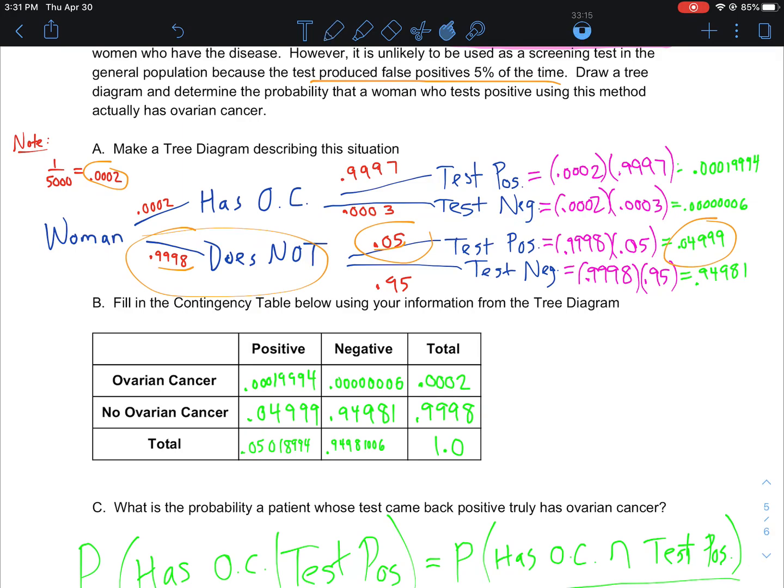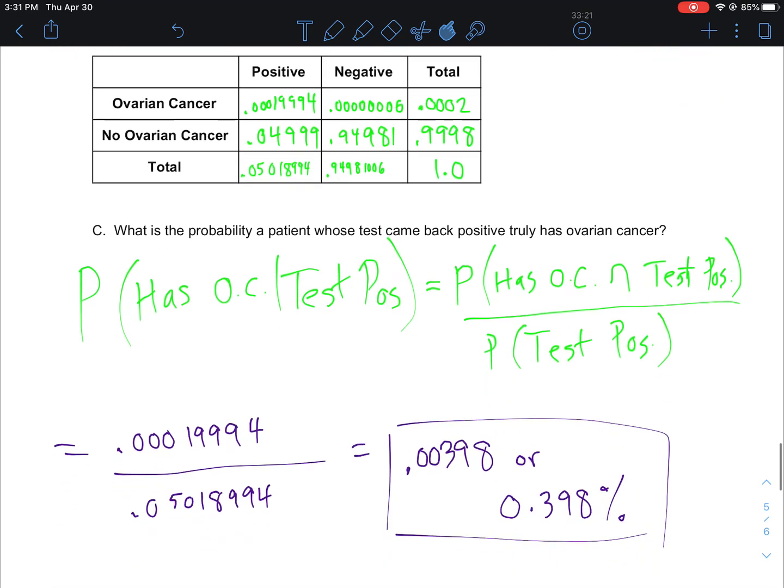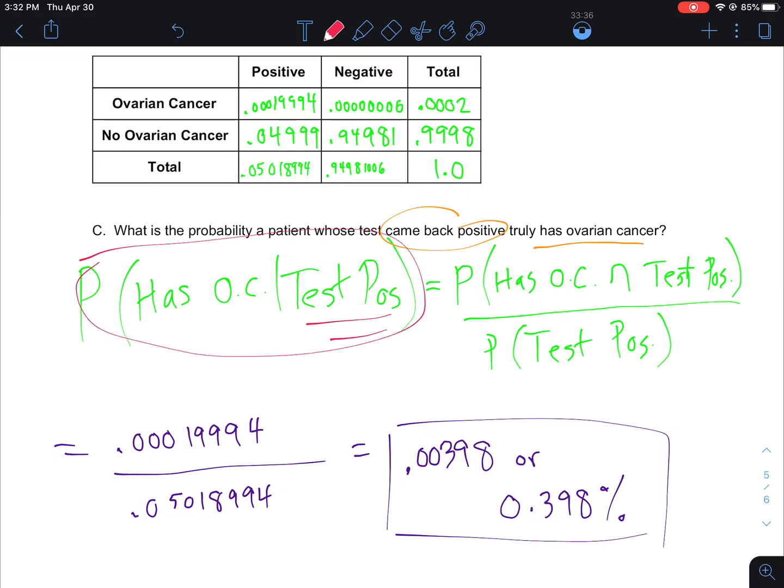That was just my way of trying to show you the two and how they work in tandem with one another. But if we move on here, let's use our tree diagram. What's the probability a patient whose test came back positive truly has ovarian cancer? Now, again, you don't have to use the official notation like I did. What this means, though, is they're saying, given that someone tested positive, what's the probability they actually have that type of cancer?